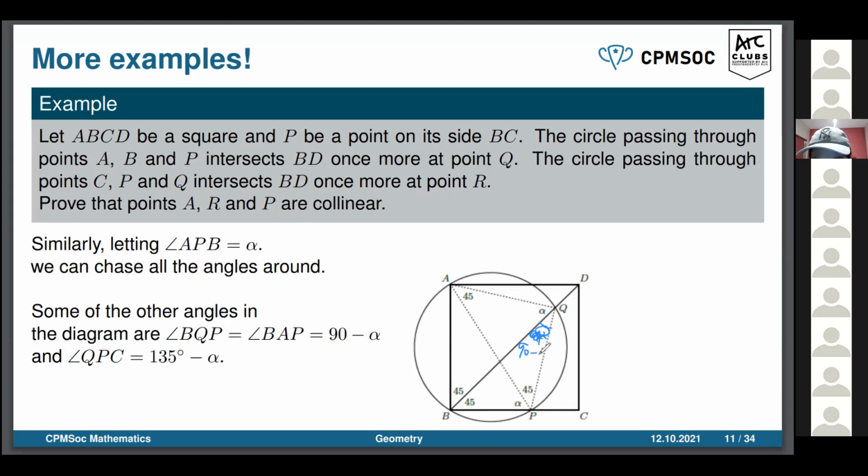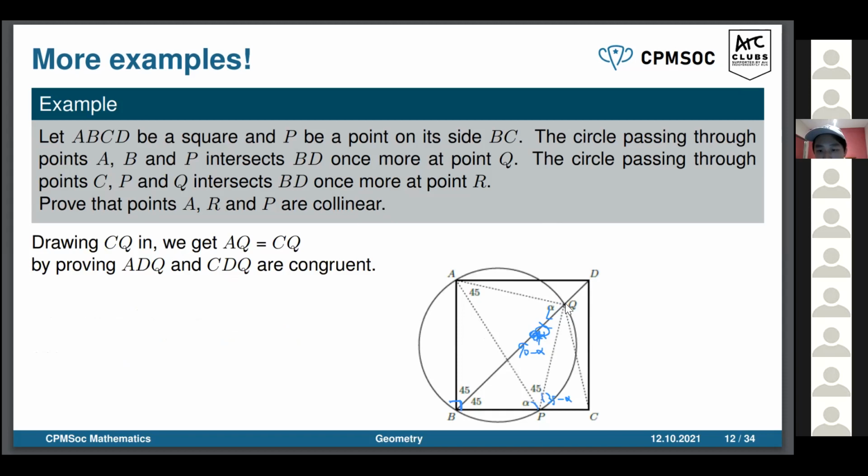This is because this angle ABP and this angle AQP have to add up to 180 degrees. So if you do 180 minus this angle, you get 90 minus alpha. And also angle QPC is equal to 135 minus alpha. QPC is here. So obviously you can get that from 180 degrees minus BPQ, which is 135 minus alpha. All right.